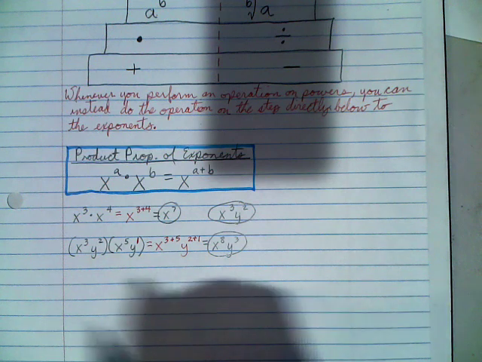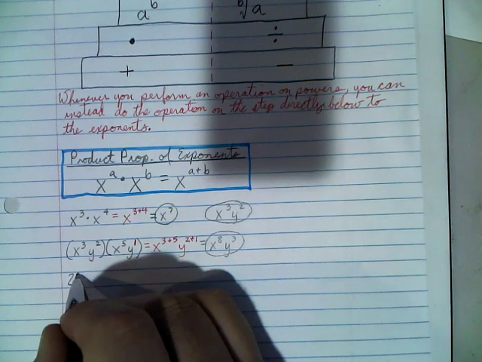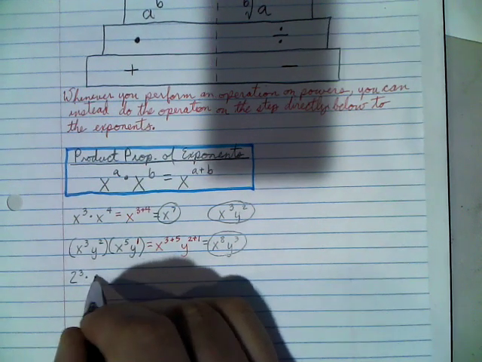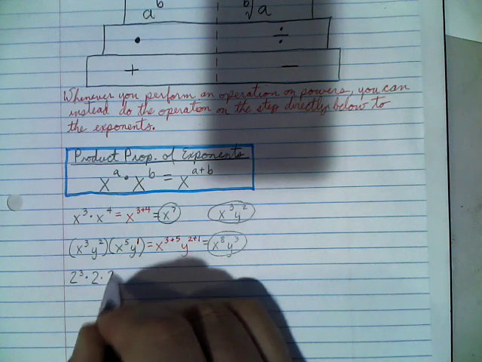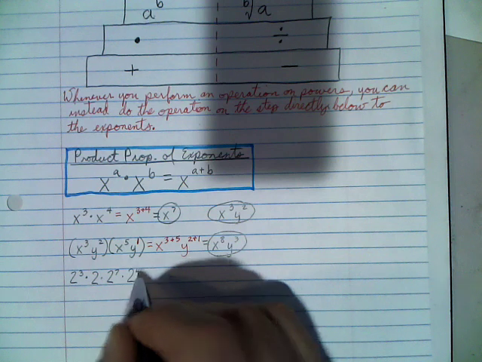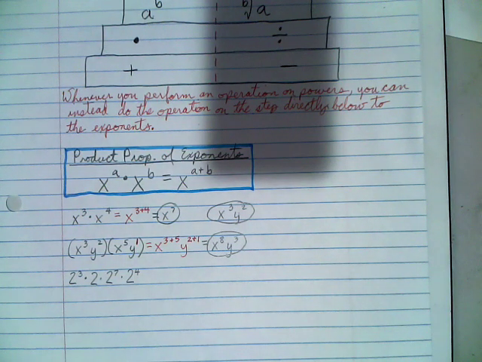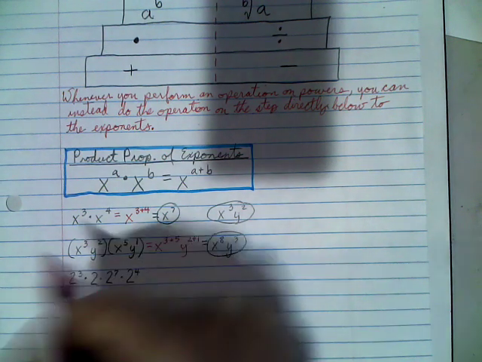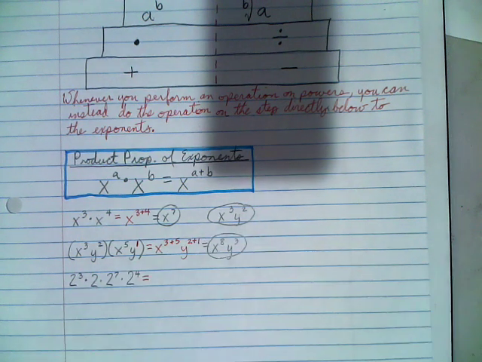All right. Next example, let's say I have 2 to the third power times 2 times 2 to the 7th times 2 to the 4th. Now, noticing that all of these have the same base, we can go ahead and extend the property to combining multiple powers into one combined power at the end.